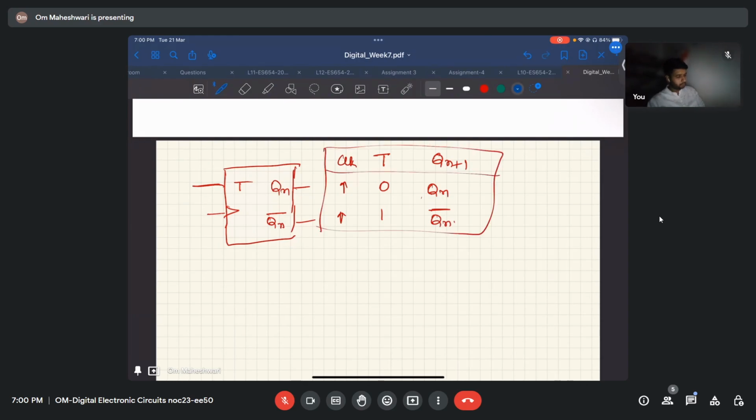T stands for toggle. Whenever T is 1, the output will flip. It will be the complement of the previous output.